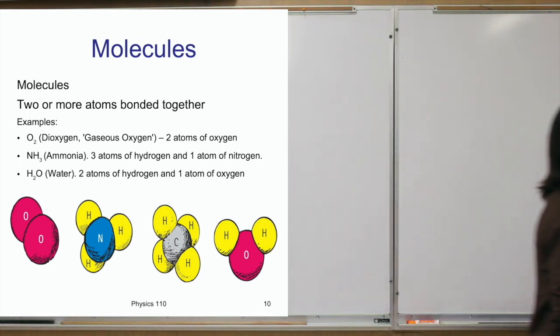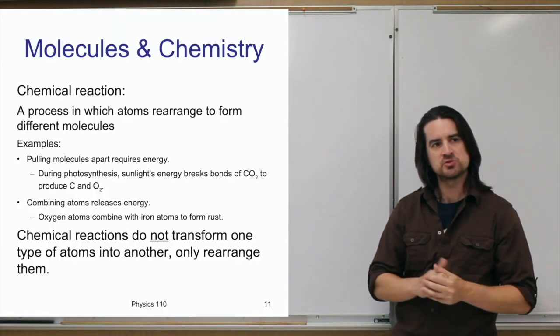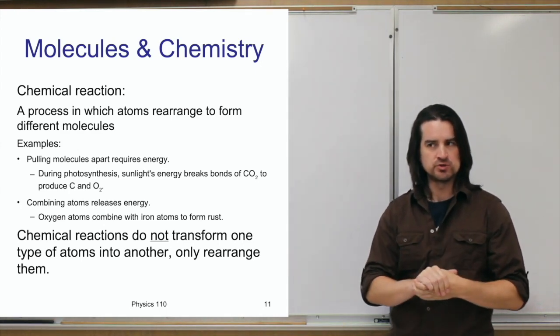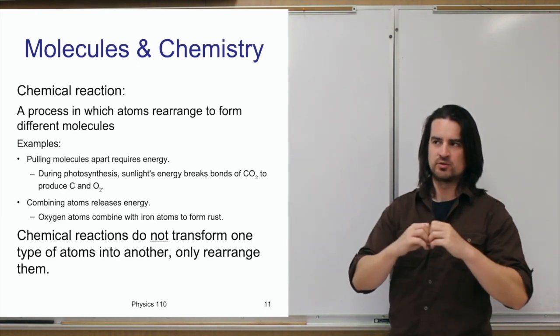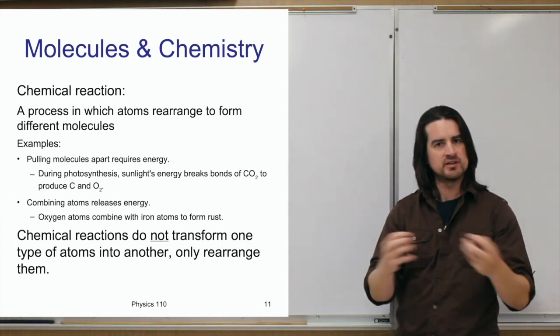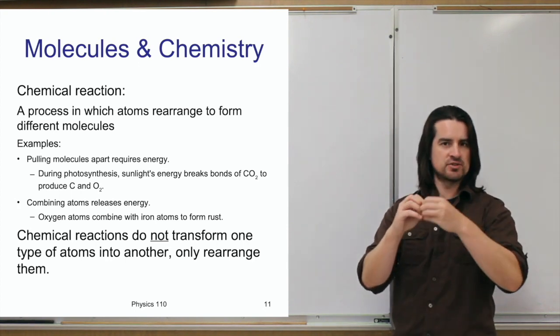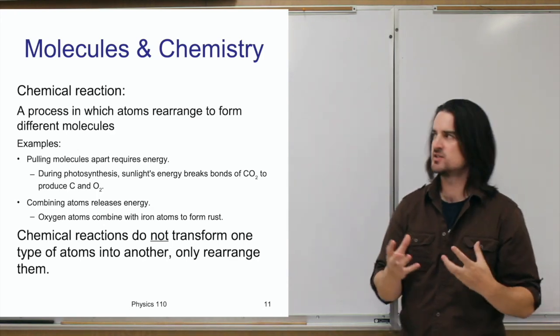I'm guessing. So like I mentioned, in chemistry you're mostly concerned with molecules combining with other molecules, molecules breaking apart into individual atoms, or atoms coming together to form molecules. These are all chemical processes.